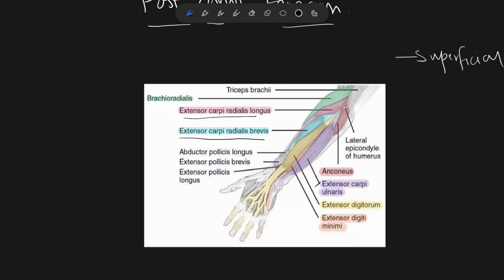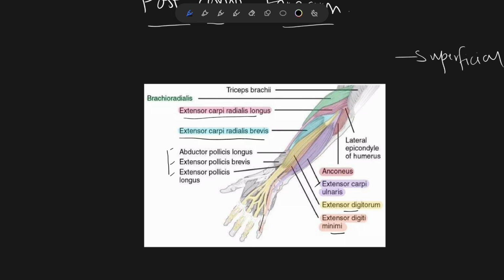We have extensor digitorum for our digits and extensor digiti minimi for the short finger, the little finger. And we also have some muscles: abductor pollicis longus, extensor pollicis brevis, and extensor pollicis longus. These are the deep muscles. We'll do the superficial muscles first.